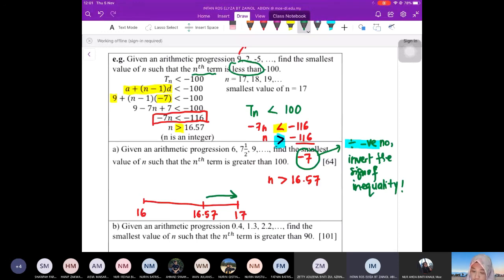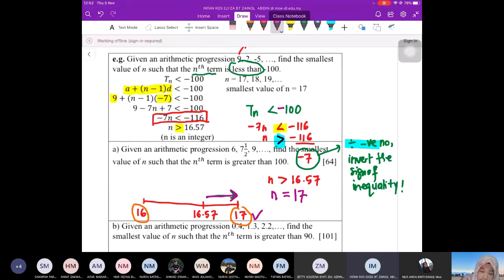You sama ada ambil 16 ataupun 17. Which one yang represent n greater than 16.57? The value is 17 sebab dia besar. That's why kita kata n equal to 17, sebab dia kata find the smallest value of n such that the nth term is less than negative 100. So n is 17, nampak tak?